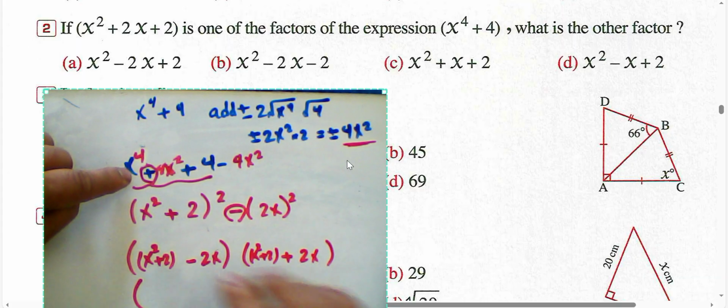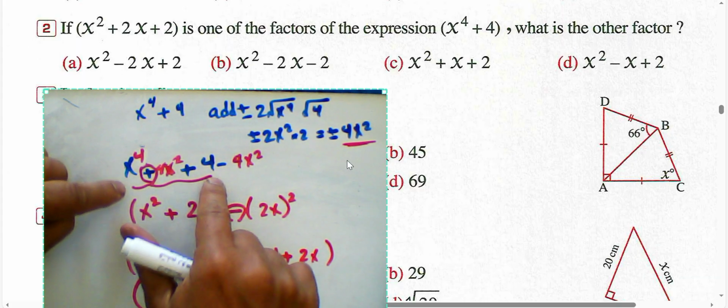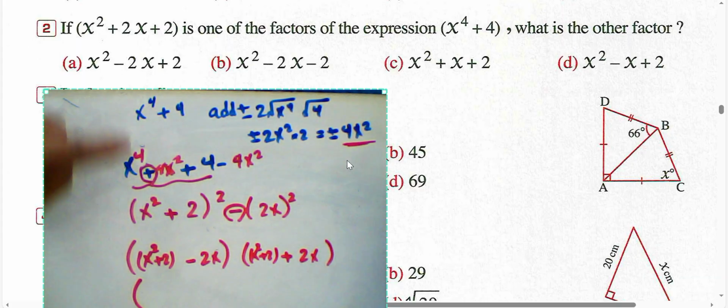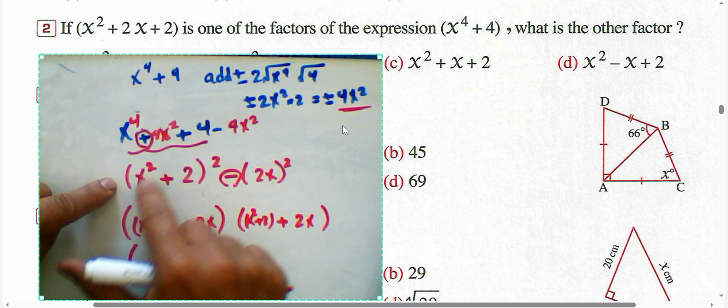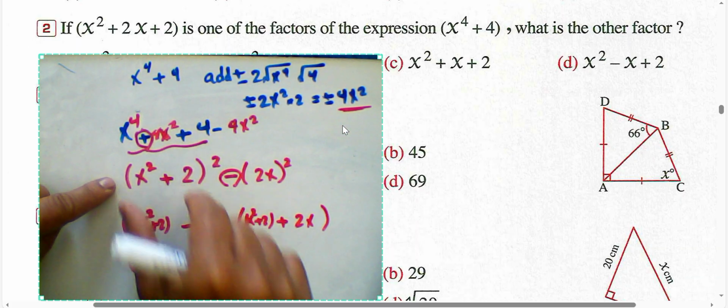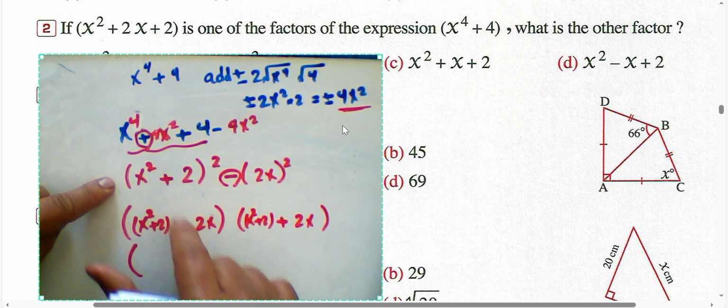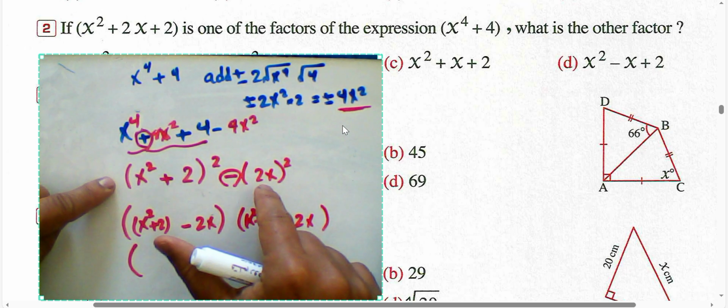Then we can factorize: square root of the first and square root of the third, x power 2 plus 2, and then we write square root of x power 4, square root of 4, and this number was repeated here and here, and write negative and positive, repeated about 2x and 2x.